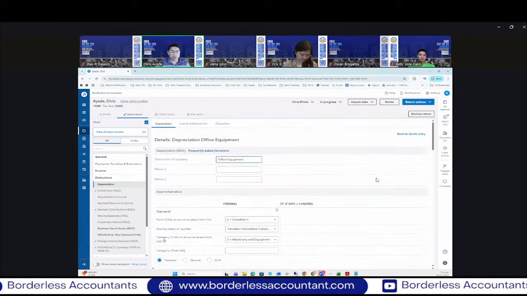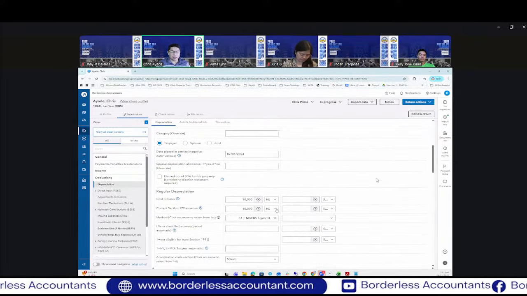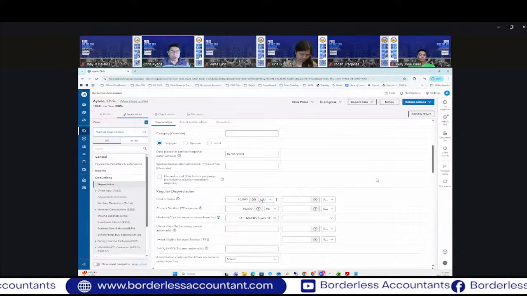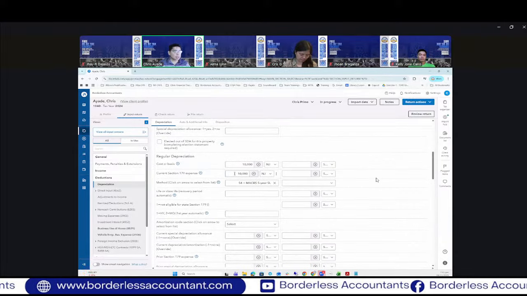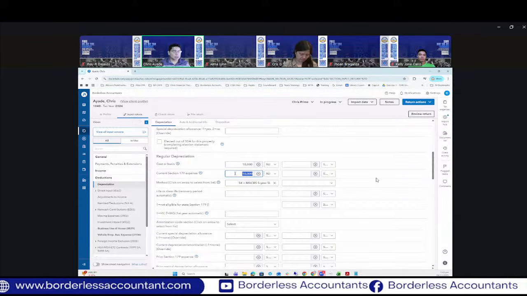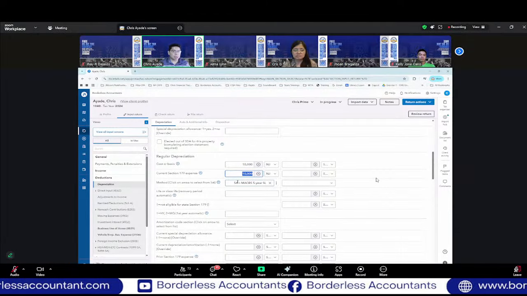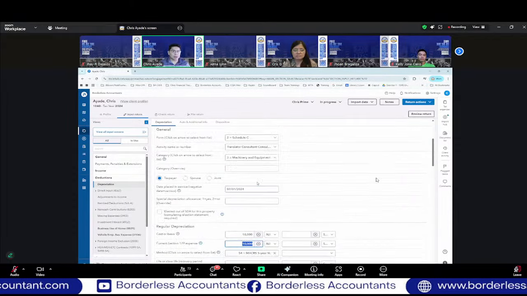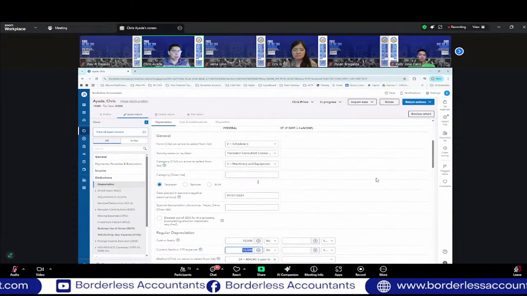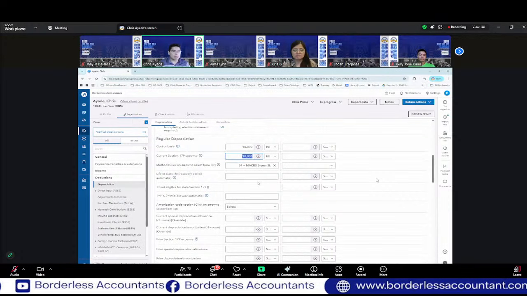So section 179 in ProConnect, you will have to manually input it in here. So you'll have to manually put it in. Say 100% of that can be qualified for section 179 pag hindi niya pa naman na-reach yung limit for that year.